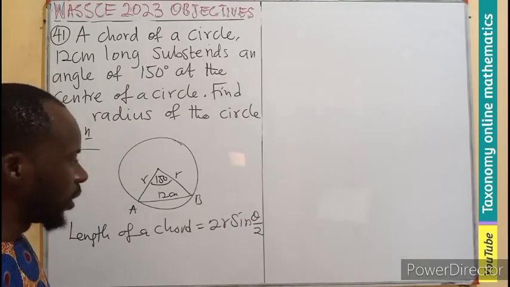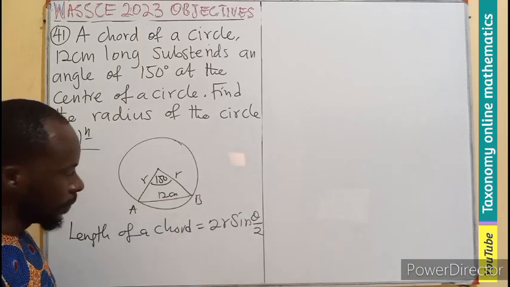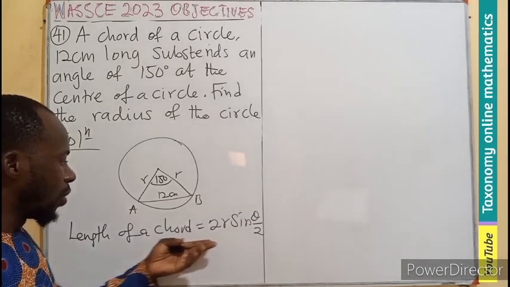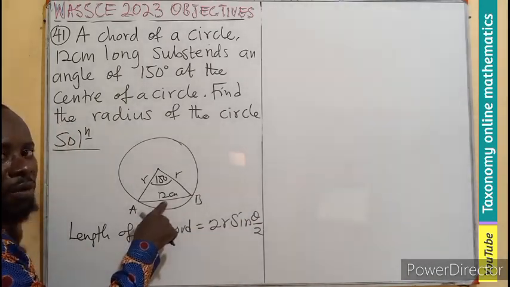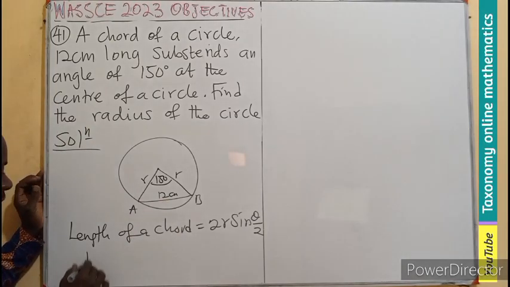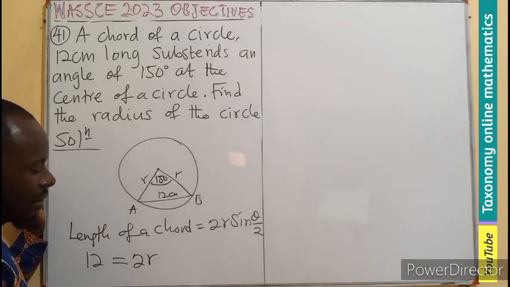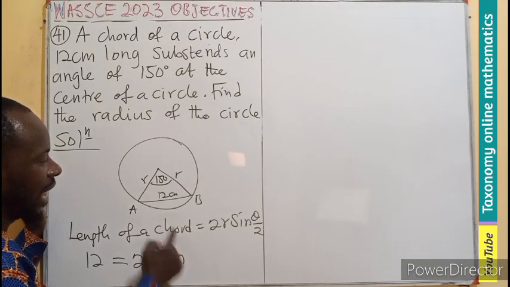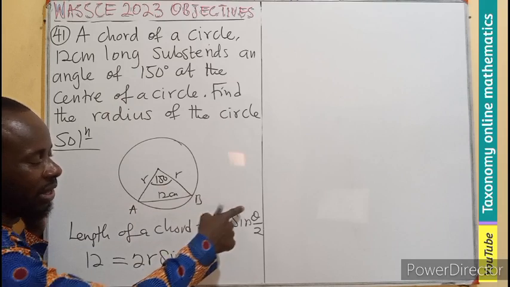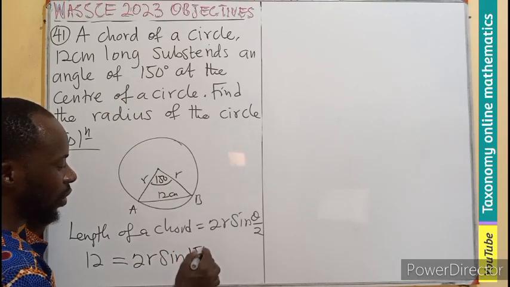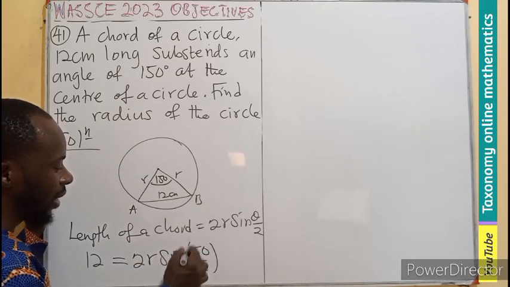If you want to know how long a chord is, we use this formula. We already know the length of the chord as 12 centimeter. So 12 centimeter equals 2 times R times sine of the angle subtended, theta, in this case 150 divided by 2.